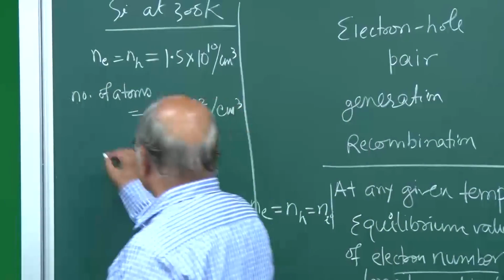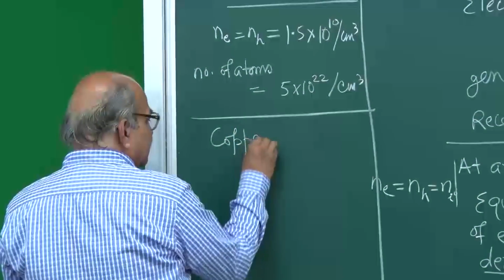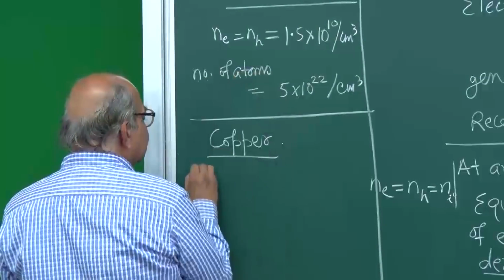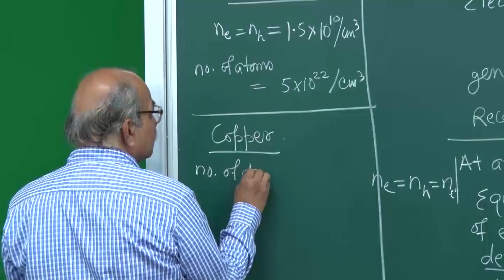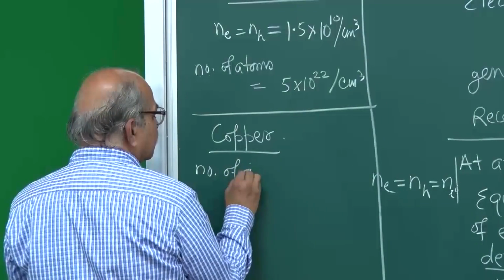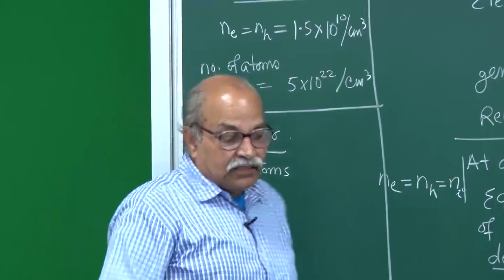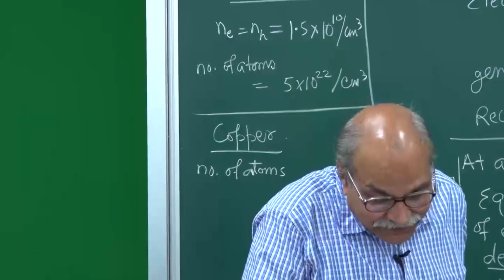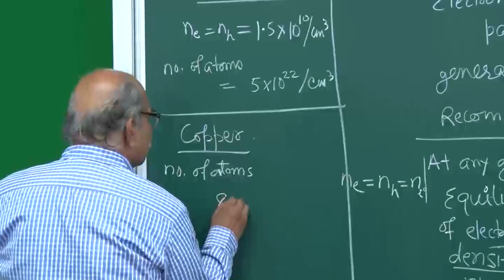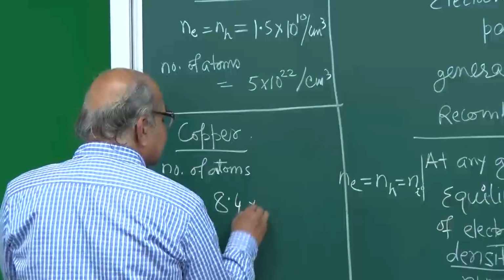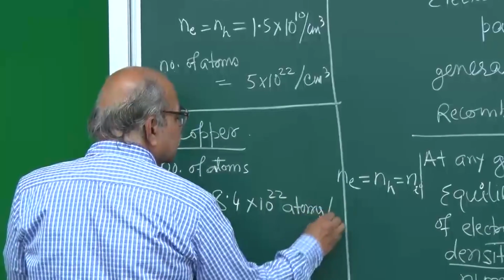But if you compare with a good conductor, let us say copper, the number of atoms per centimeter cube is some 8.4 into 10 to the power 22, or 8.47 like that, atoms per centimeter cube.